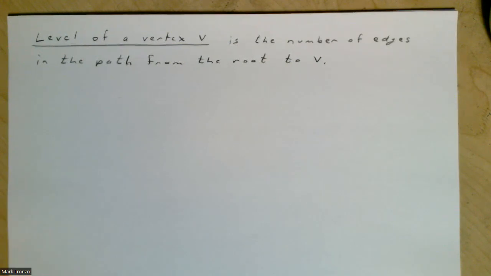You look and see how many edges there are between the root and V, and that's going to be called the level. We'll look at some examples here in a minute.